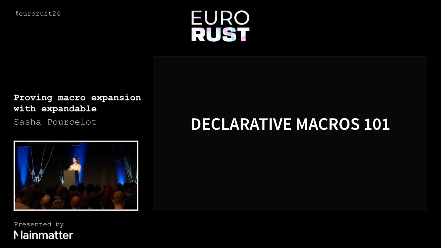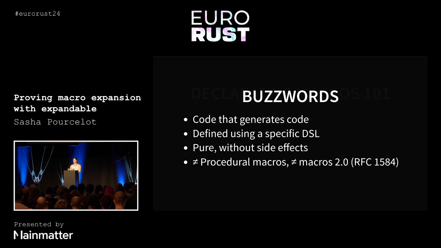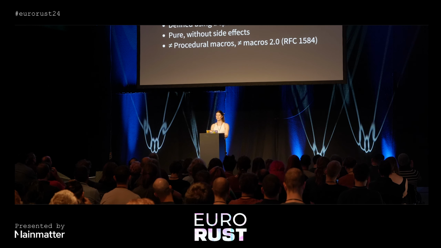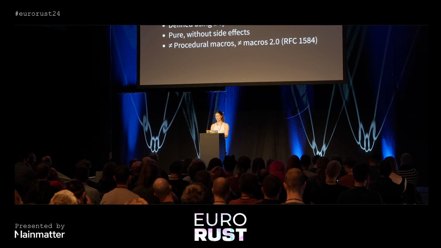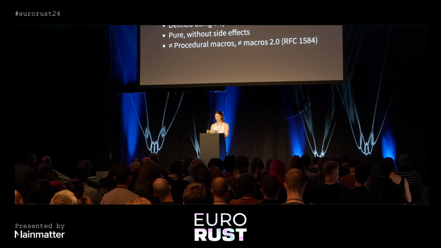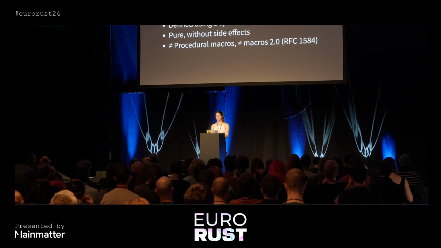First off, I don't expect everyone here to know what declarative macros are, so I figured I should do a quick 101 about this. The whole point of macros is to have code that is called at compile time by the compiler and that generates code that is then run at runtime by your program. Declarative macros are defined using a very specific DSL.